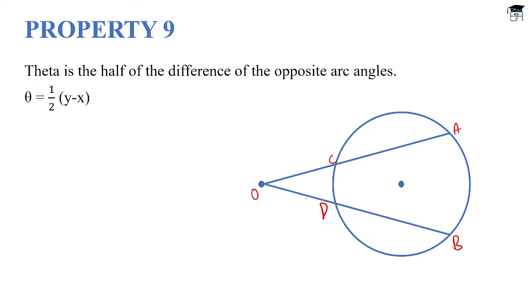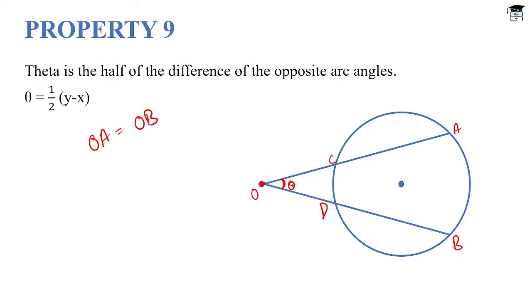So OA is equal to OB, because they are passing from the same point. The second point is that the angle at the intersection, here at point O, that is theta.